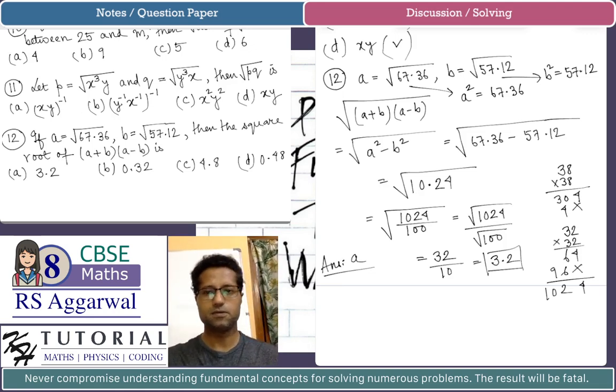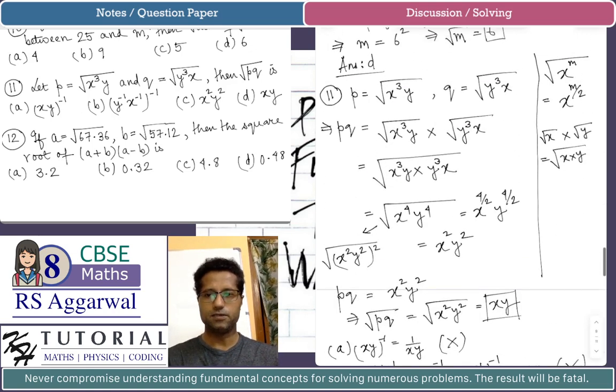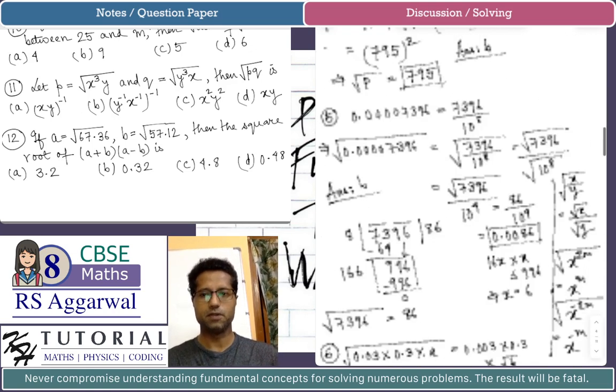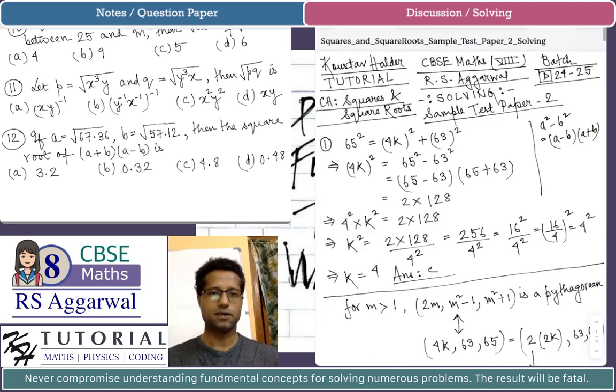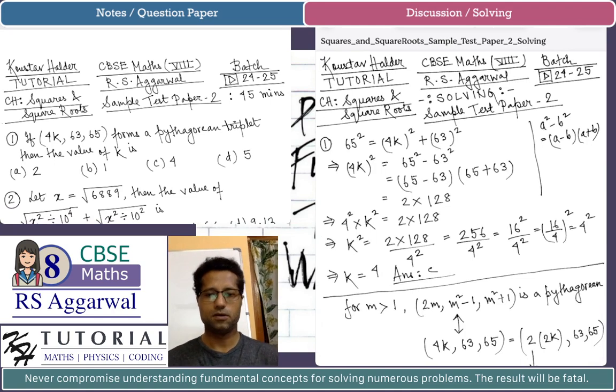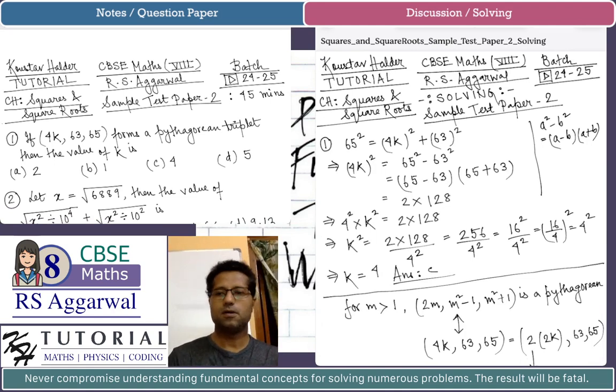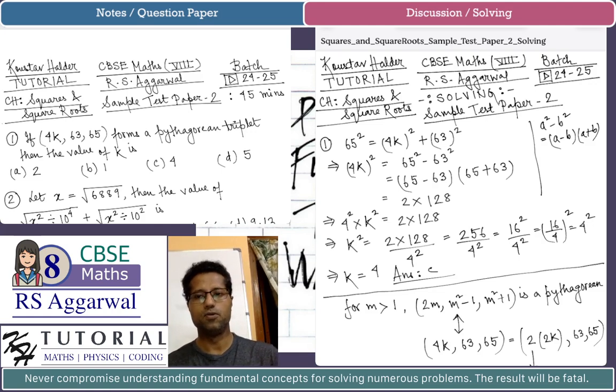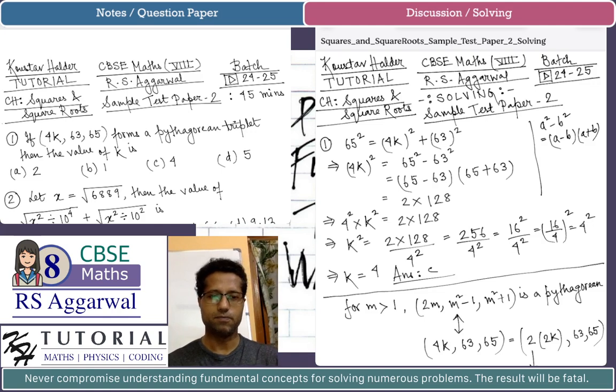Okay, so this brings to an end solving the sample test paper number 2, and with this I have completed two sample test papers, 1 and 2, on the chapter of squares and square roots. Next I will start the chapter cubes and cube roots, and also simultaneously I will keep on uploading 10 good problems on squares and square roots in the other playlist, CBSE 8 Hot.